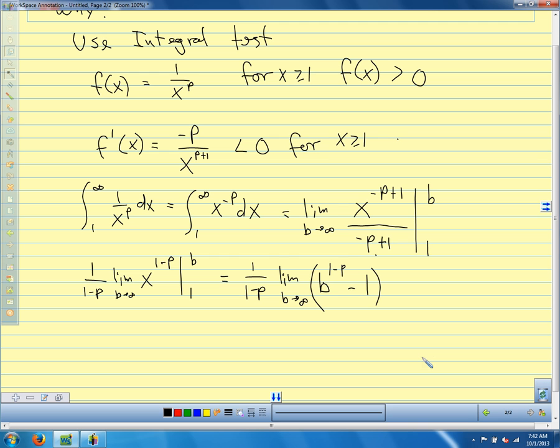So when is this going to converge? When are we going to have the limit as b approaches infinity of b to the 1 minus p? What do we need for this exponent for this limit to exist?